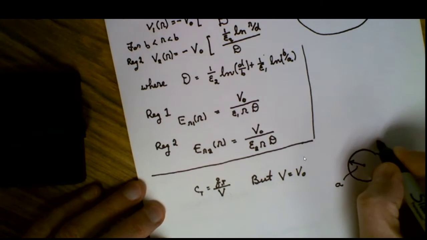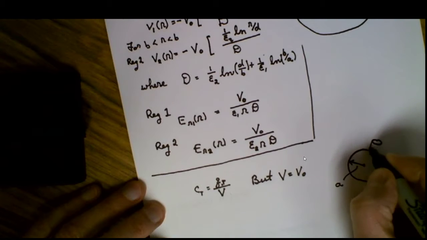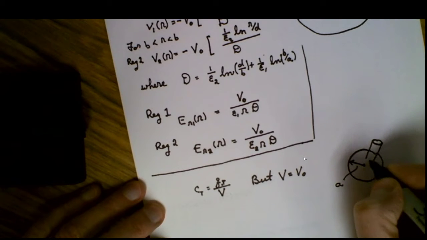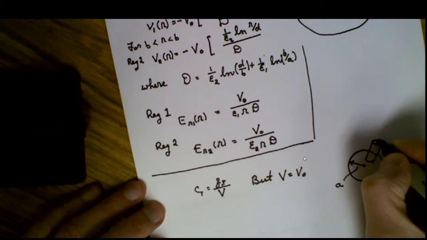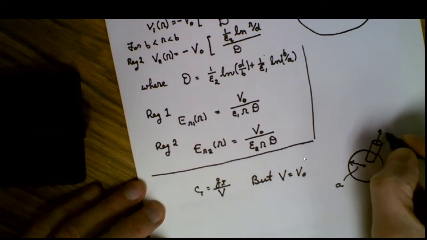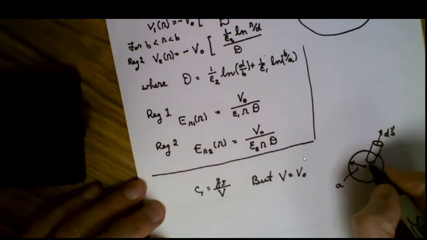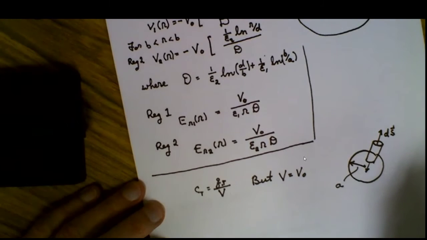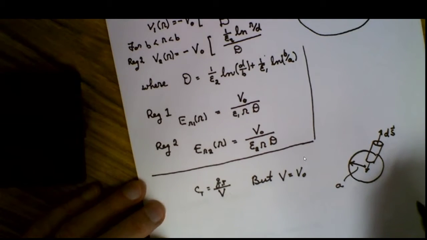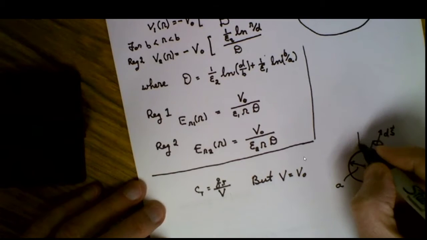And let's build a pillbox, and draw out our differential surface elements, pointing normal to the surface, away from the volume enclosed. Let us identify what is considered to be positive.